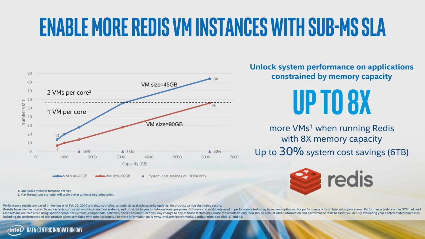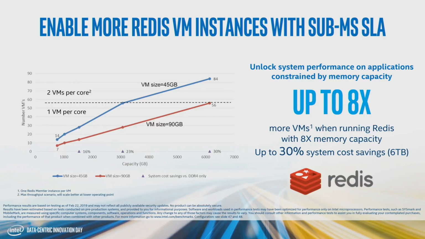It has a VM size of 90 gig, which is a pretty generous sized VM, and in each VM we're running one instance of Redis. As we increase the capacity, we're able to instantiate more VMs. That makes sense. You've got more space, you can instantiate these 90 gig VMs, all the way up to 6 terabyte, where we can instantiate 56 VMs.